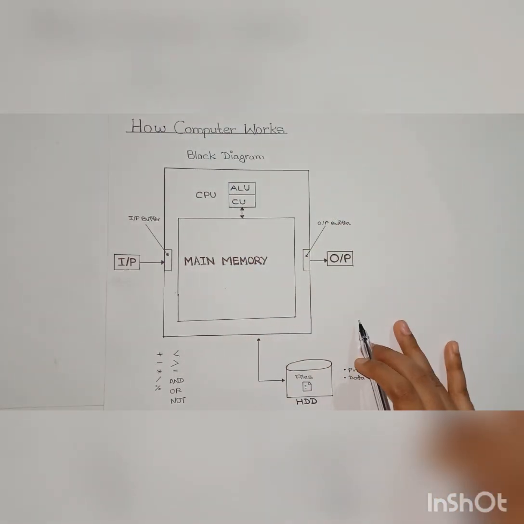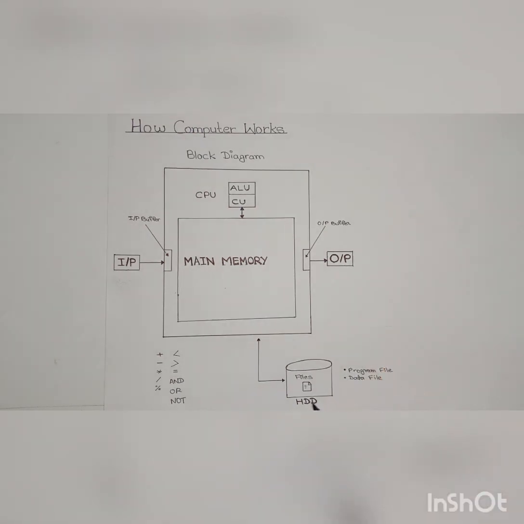Now let us discuss the hard disk drive. A hard disk drive contains data in the form of files, which are of two types. One is program file and the other is data file. Let us take an example: Notepad in our computer is a program file, and if we look at it in my computer, it is saved as notepad.exe.